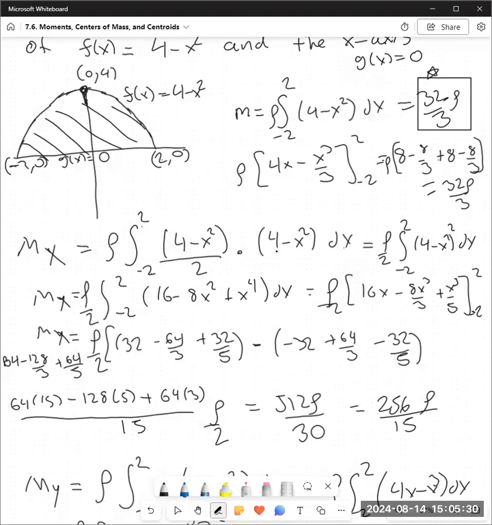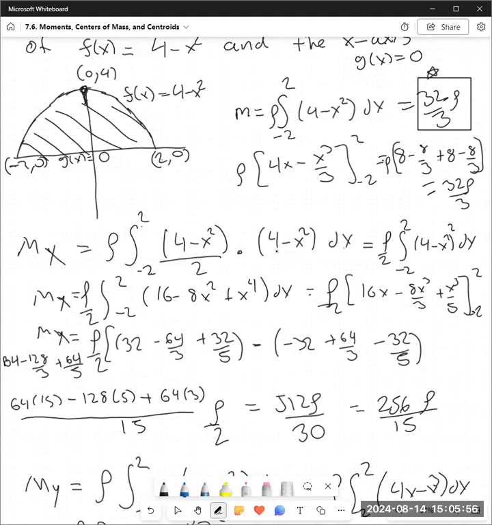And then I'm going to take this multiplier of 1/2 that's divided by 2 out front and make that rho over 2. I have 4 minus x squared, and another 4 minus x squared is 4 minus x squared squared. I'm going to expand that into 16 minus 8x squared plus x to the 4th dx. I've still got rho over 2 on the outside.